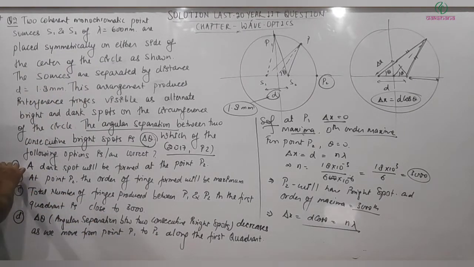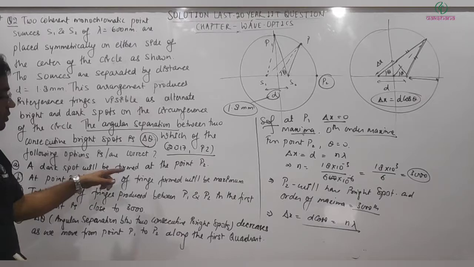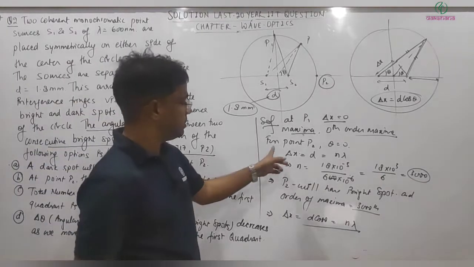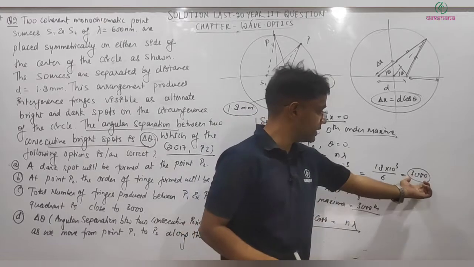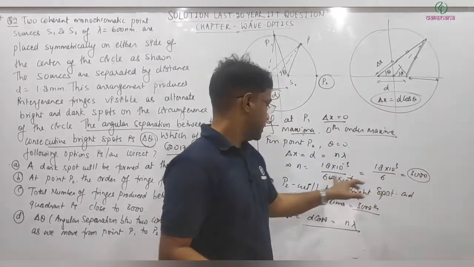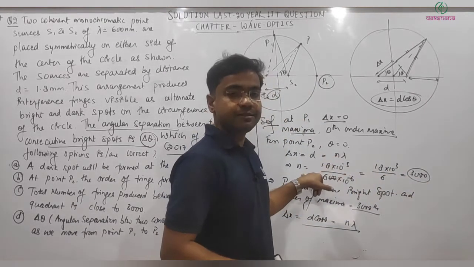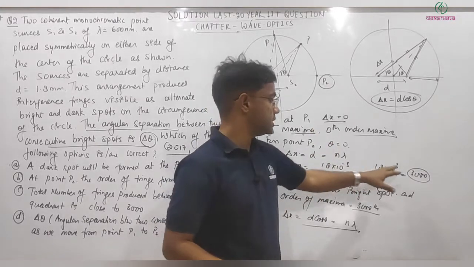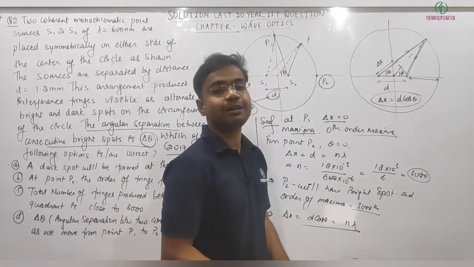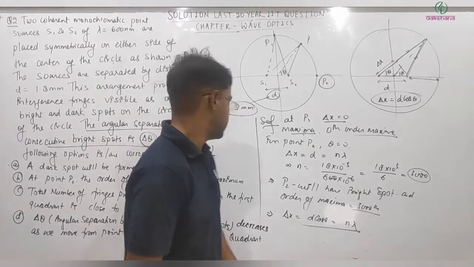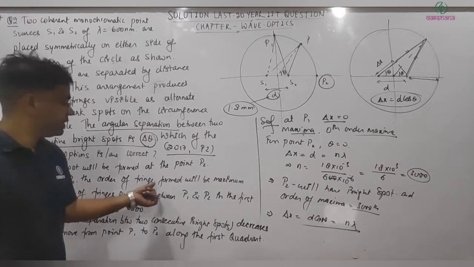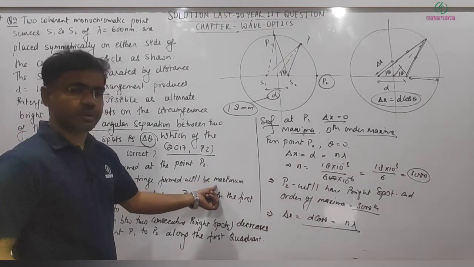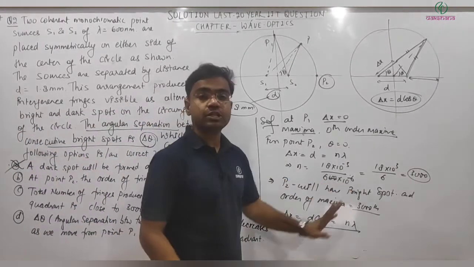First, a dark spot will be formed at point P2. At point P2 we are getting theta equal to 0, delta x equal to d, and solving, we get 3000. Means the path difference at point P2 is 3000 lambda. So that means there will be a bright spot, not a dark spot. So the first statement is not right. At point P2 the order of fringe formed will be maximum. Yes, that you can also see.